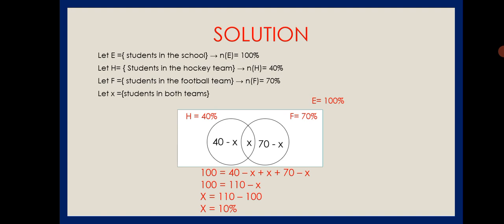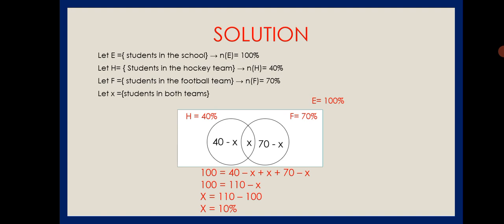When we add 40 plus 70, we are going to get 110, then minus X. We group like terms. X comes to the other side of the equal sign. We maintain our 110. Our 100 also moves to the other side, becoming minus 100.